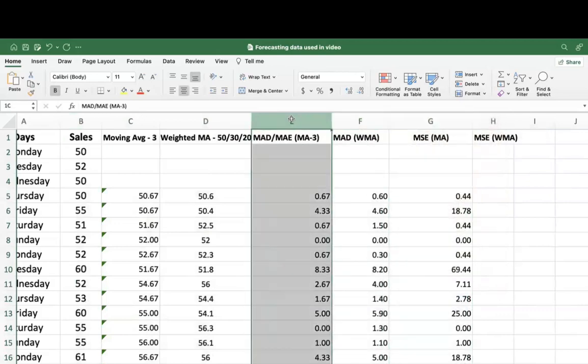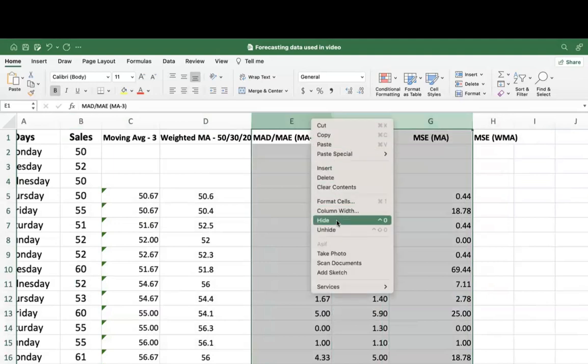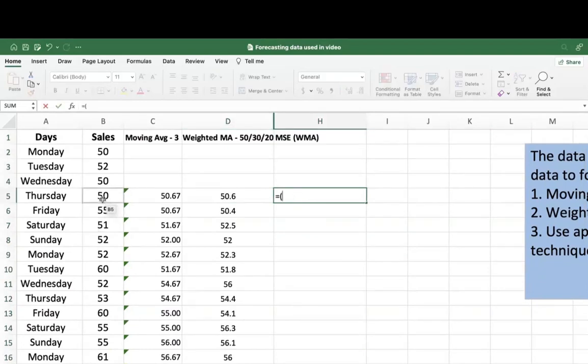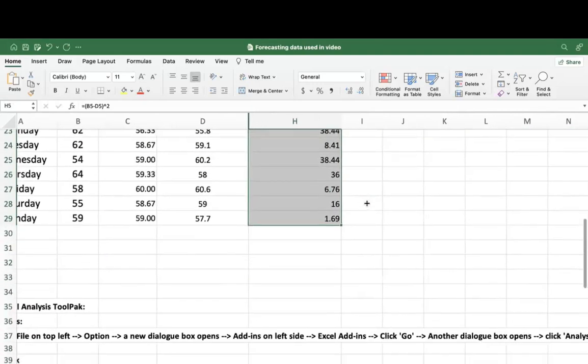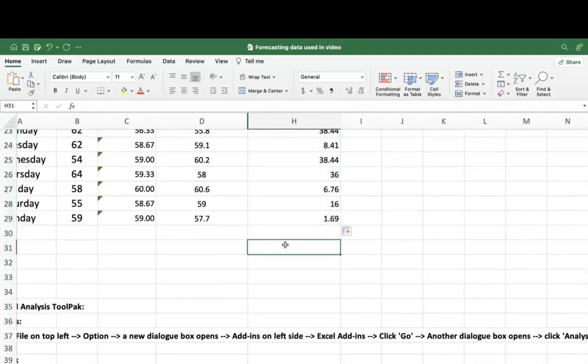We have too many columns, so make sure you keep hiding some of the columns to get everything in view. The approach is 50, that's the actual value, minus 50.6, and then shift 6, which means power. Then I drag it down, and then average.